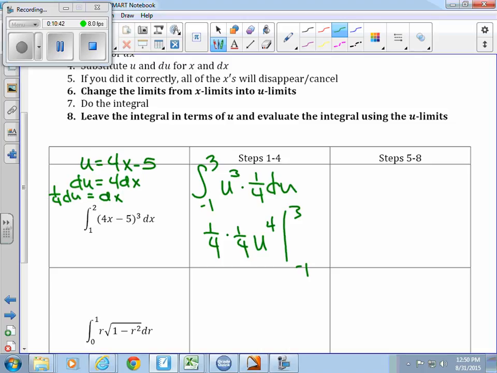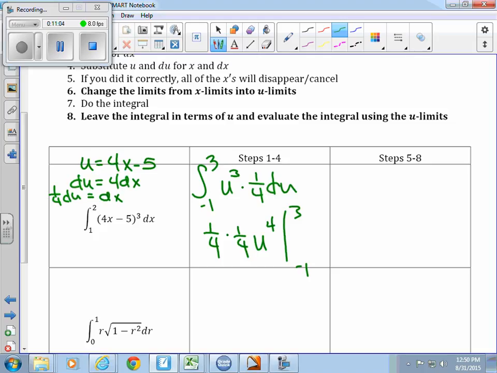I have 1/4 times 1/4 because I raised the power to the 4th. Now, the beauty of this is to finish it, I plug in the 3 and I plug in the -1 and I'm done. I don't have to go back to x's. Now, let's just play it out. If I did plug in the x's here, you'd have 4x minus 5, and I'd plug in the 1 and the 2.